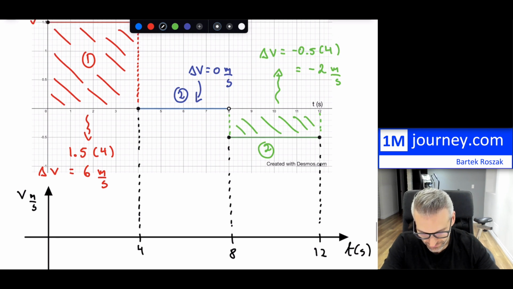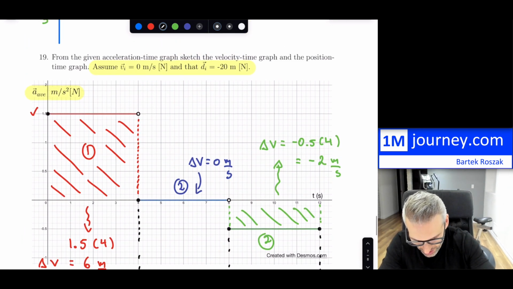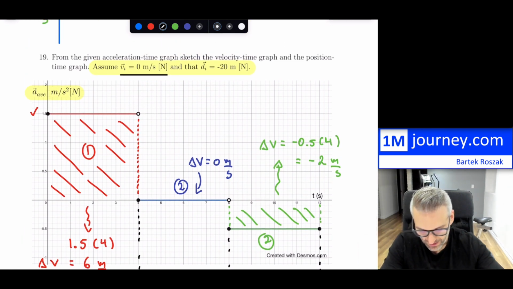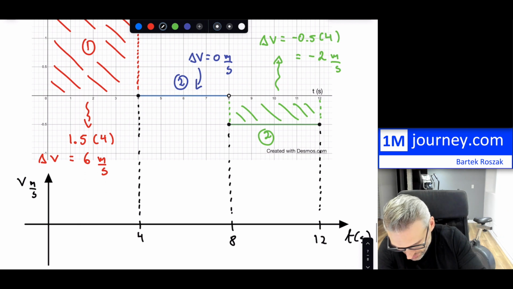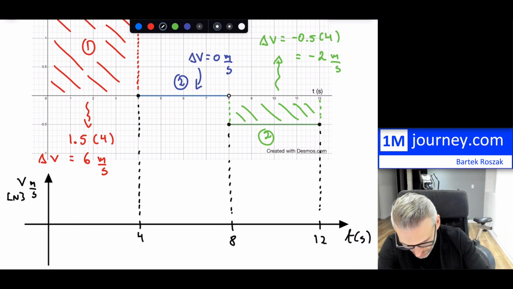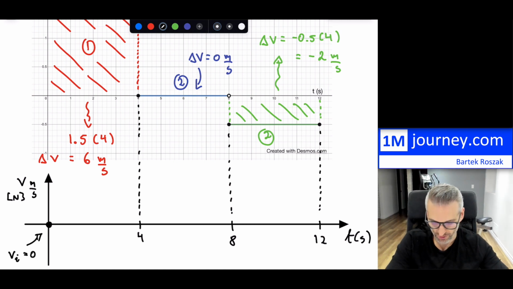Now, they told us that initially we started off at 0. Acceleration was on the north side as well, so you can certainly put north over here. So 0 means we started off from right here. This is our initial spot. So that's at 0 right there.